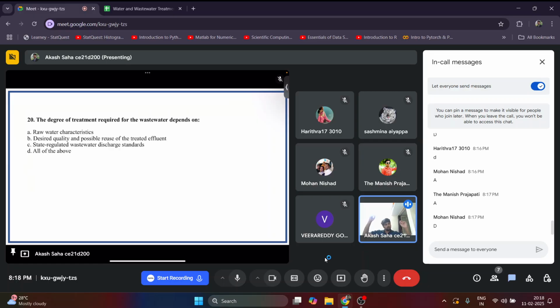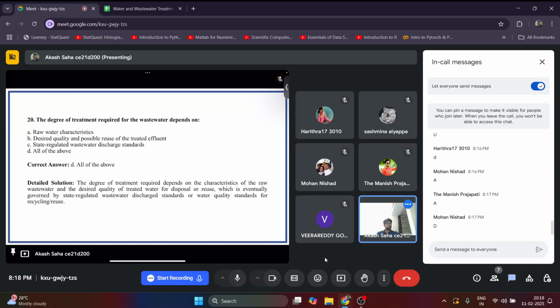What are my raw water characteristics and what kind of treated effluent I want to release. And what are the discharge regulations. If the government has given some regulations that you have to treat up to this extent, then the degree of treatment will change. Okay, so D is the correct answer.